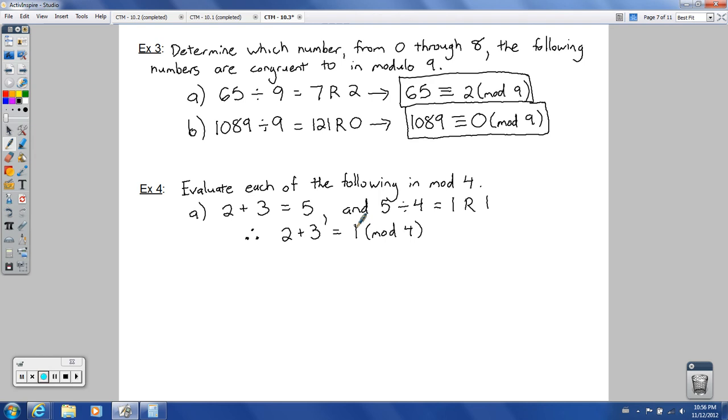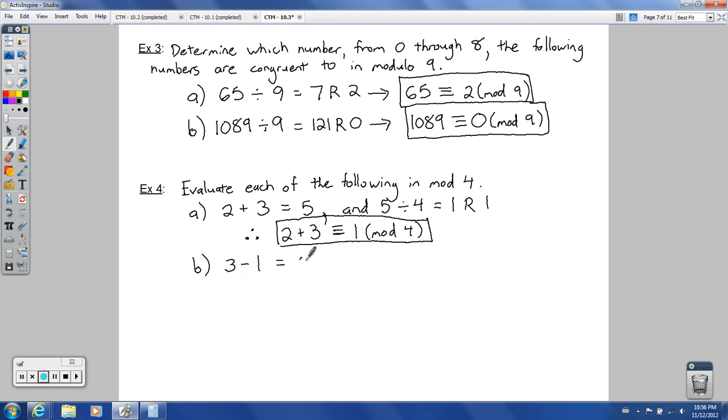I should say 2 plus 3 is congruent to 1, sorry about that. Make sure you're always using the congruent to sign and not an equal sign when you're talking about things in the modulus. So 2 plus 3 is congruent to 1 mod 4. A couple of quick more examples like that. 3 minus 1.